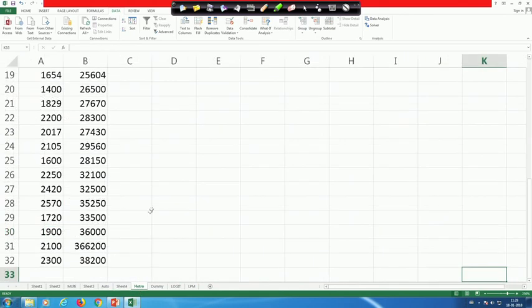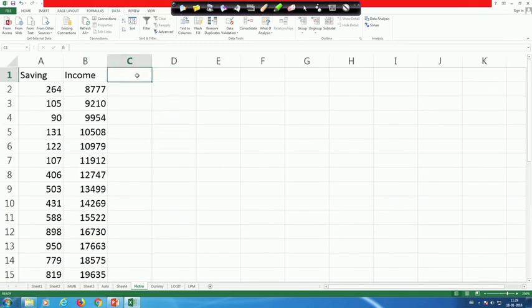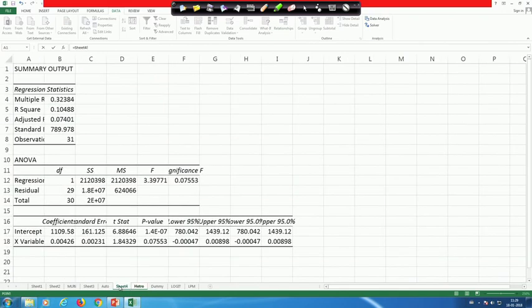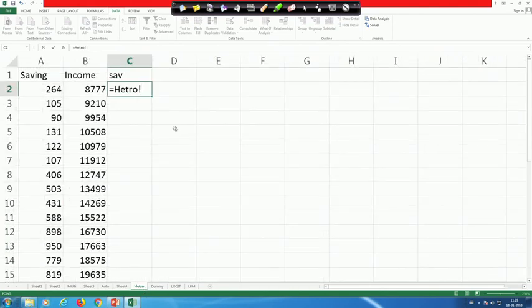So what will you do? Find the saving estimates, which is equal to the model outcome: 1110 plus 0.004 into income.